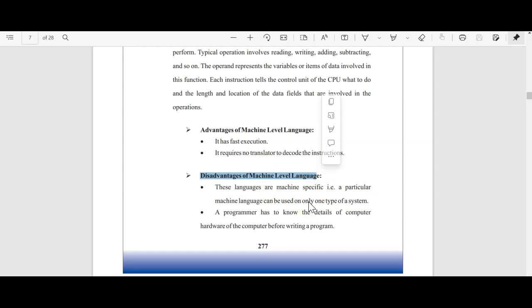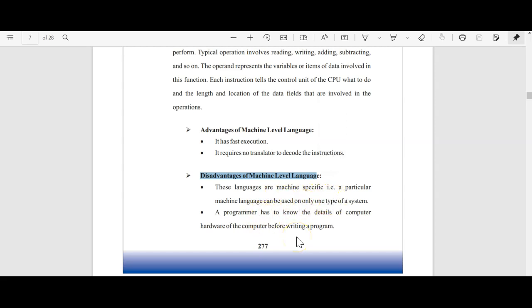It depends on the architecture of the computer, because a machine language meant for one computer cannot work on another computer. Based on the structure of the machine, the binary language also changes in terms of its meaning. So this is one of the drawbacks.